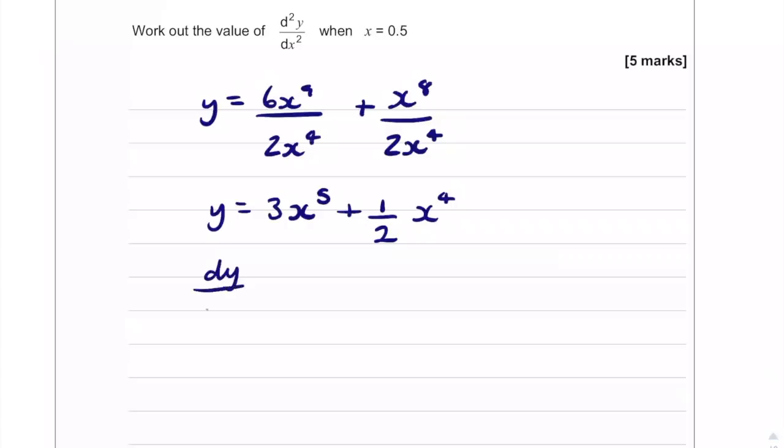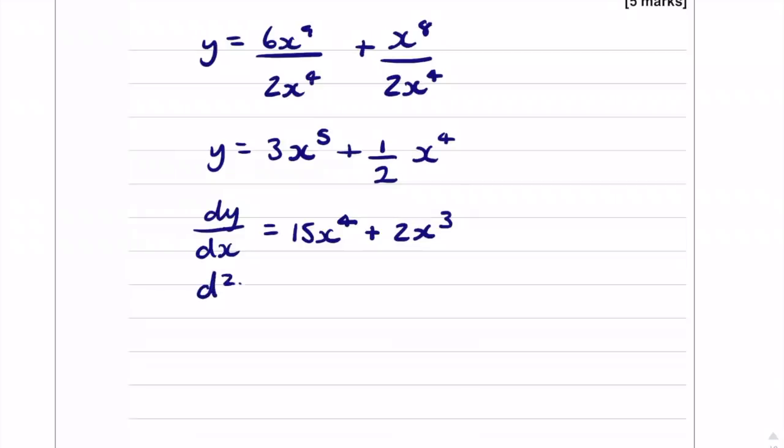So we get dy by dx is equal to 5 times 3, which is 15, x minus 1 from the power, x to the power of 4, plus 2x cubed. Second derivative, we're going to need to differentiate it again. So we get 15 times 4, which is 60, x cubed, plus 2 times 3, which is 6, and then x squared.